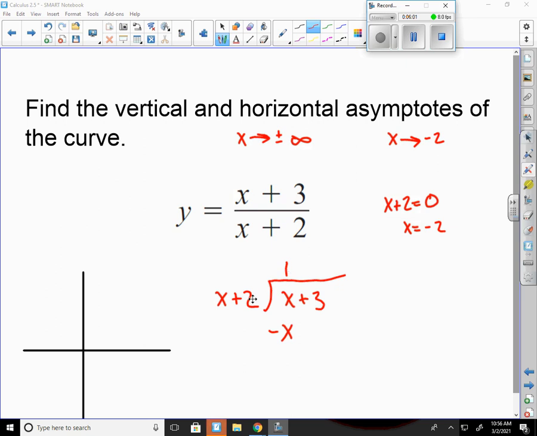And then 1 times 2 is 2. You're subtracting that as well. x minus x is 0. 3 minus 2 is 1. Then how many times does x go into 1? It doesn't at all. So that's our remainder. So it's 1 plus 1 over x plus 2.